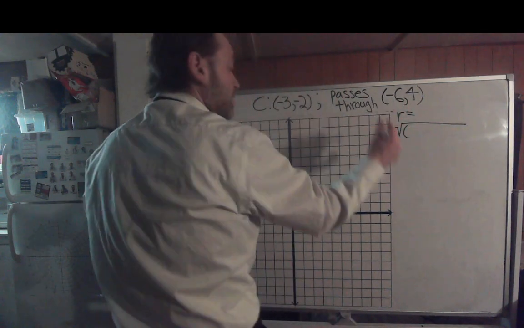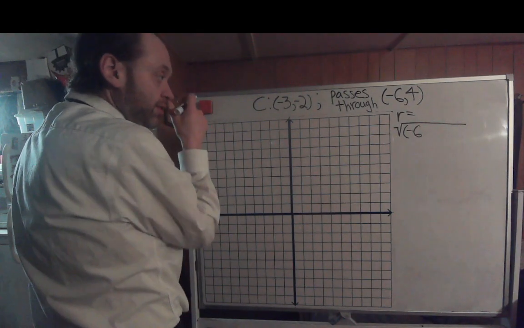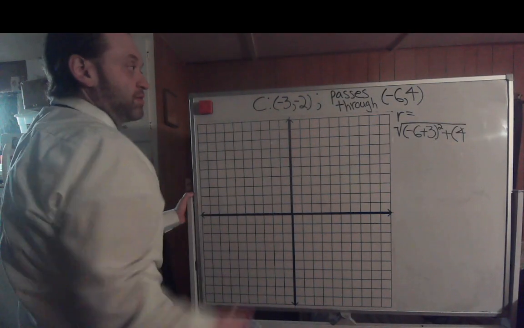So let's go ahead and use the distance formula between these 2 points to find the radius. So that's the square root of your x2 coordinate, which is -6, minus your x1 coordinate of -3. Well, -6 minus -3 turns into -6 plus 3 squared, plus your y2 of 4, minus your y1 of -2.